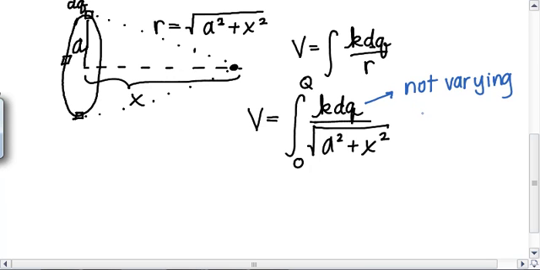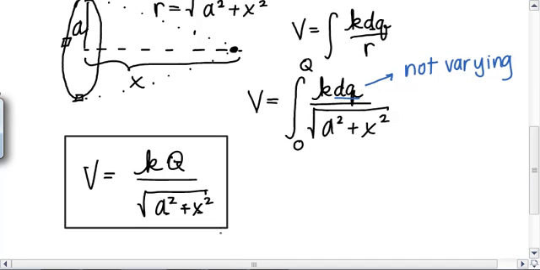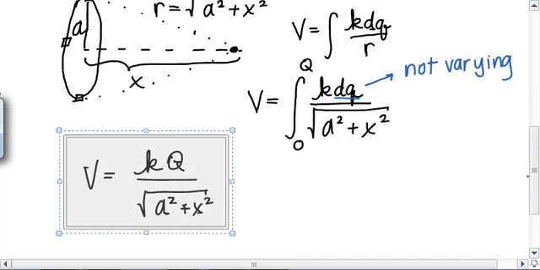So we don't need to substitute in for that dq. Then this is a pretty easy cheesy lemon squeezy integration, right? KQ over the square root of a squared plus x squared. What do you think about that? Questions?